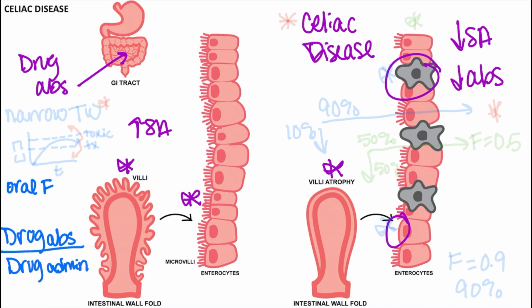And this can be either a fraction, sometimes it's shown as a percent. So let's say a drug has a bioavailability, or an F, of 0.9 or 90%. So this means that 90% of the drug is able to be absorbed to potentially produce therapeutic effects, and only 10% doesn't make it in.